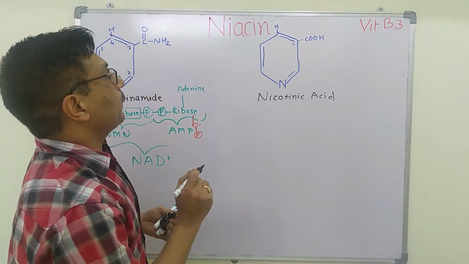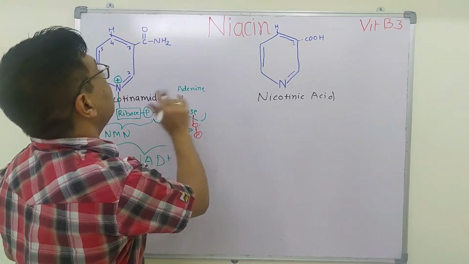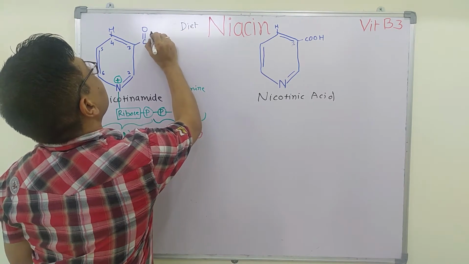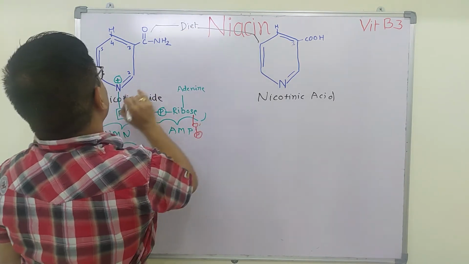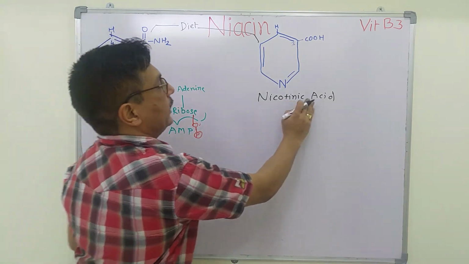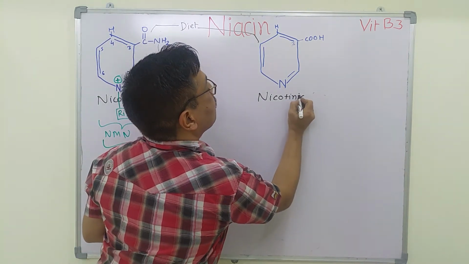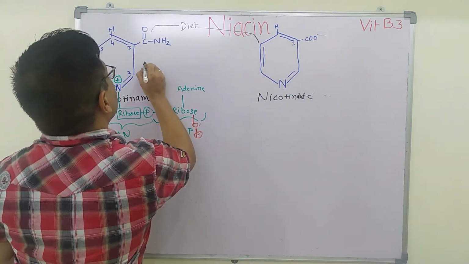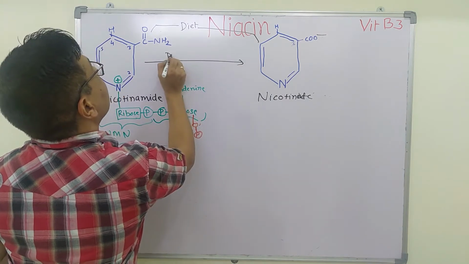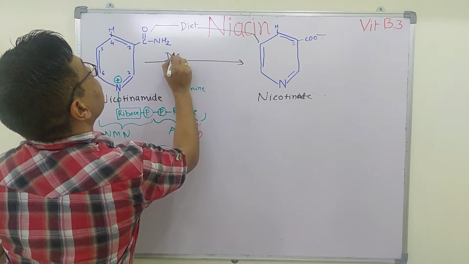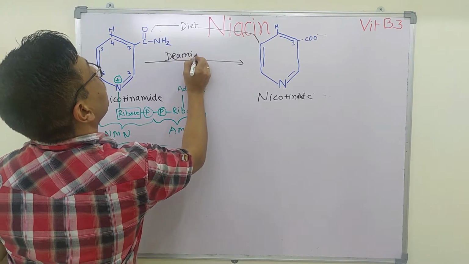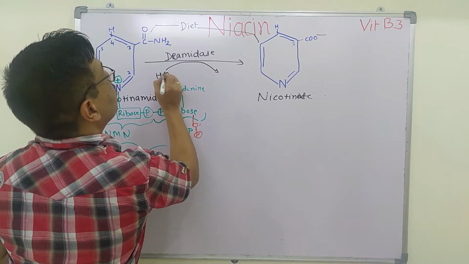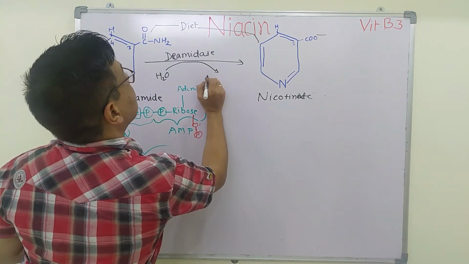Now coming to biosynthesis of NAD and NADP. From the diet we obtain nicotinamide and nicotinate. Nicotinamide, by deamidation, is converted into nicotinate.